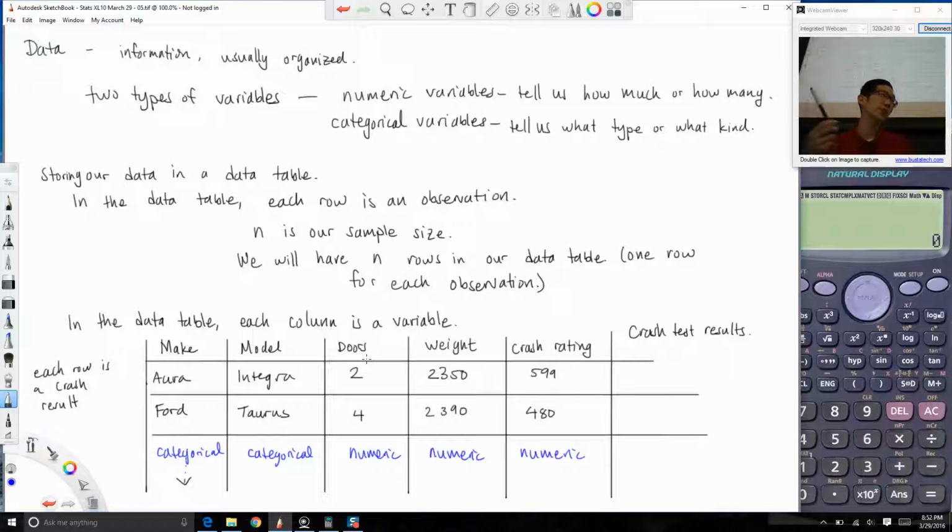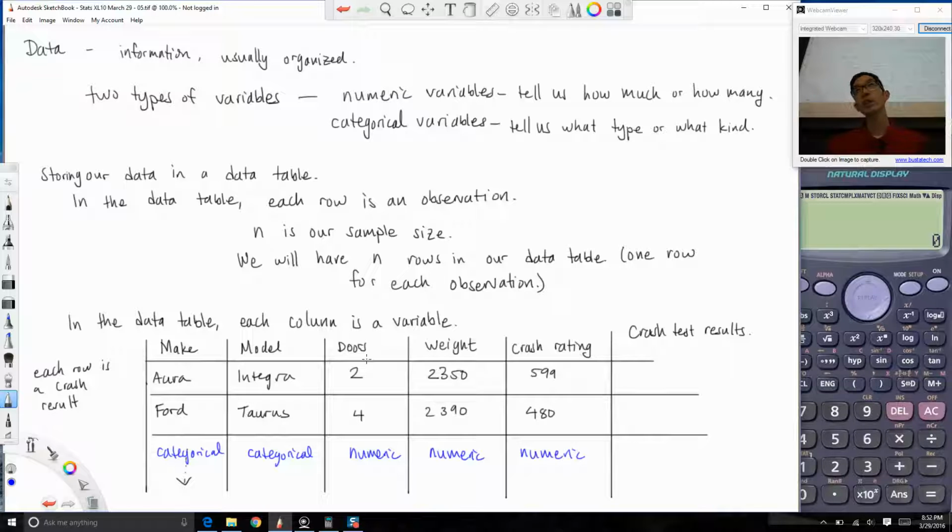In general, sedans have 4 doors and coupes have 2 doors. Or I could ask what is your age, and generally you reply that you are this many years old, which is a numeric question.